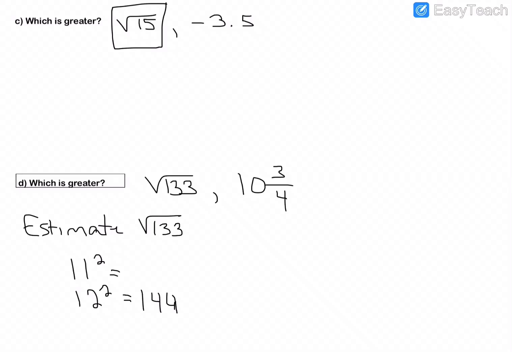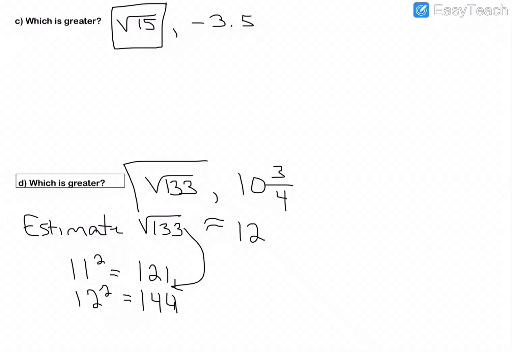So 11 squared is 121. 133 falls right in between here. So which one is it closer to? Is it closer to 121 or is it closer to 144? Let's see, 133 minus 121 is 12 and 11. So it's closer to 12. So it's approximately 12. Which is greater? This one.